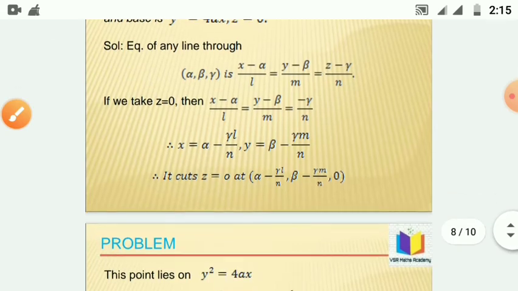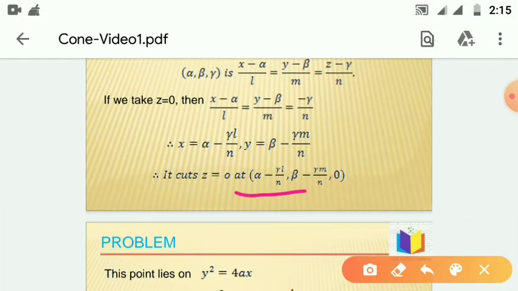So this is the point of intersection of the straight line, the generator passing through alpha, beta, gamma, with the base curve, that is (alpha minus gamma l by n, beta minus gamma m by n, 0).